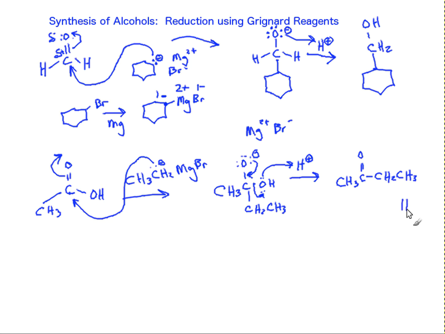And water will leave. Since we've reformed this carbonyl, we have an opportunity for a two-step reduction with another dose of our Grignard reagent. Boing, boing, to generate our second alkoxide intermediate.